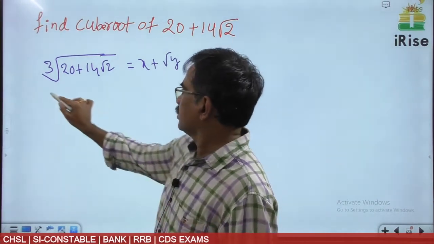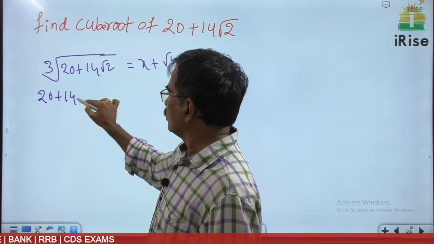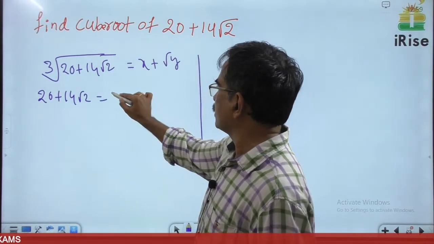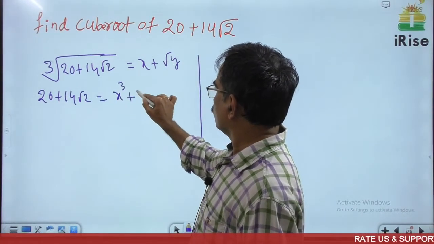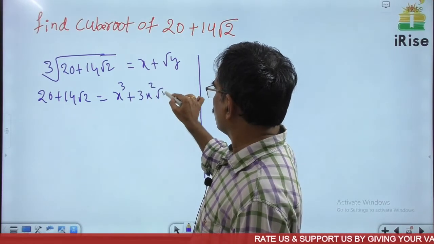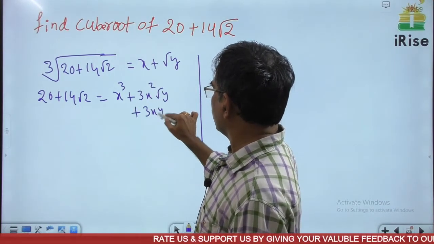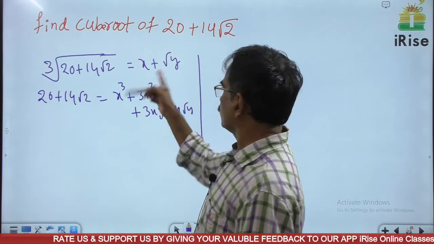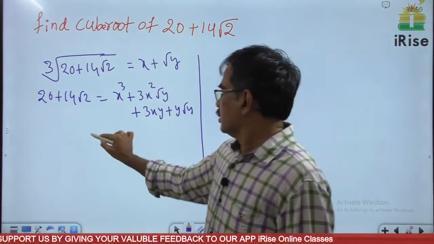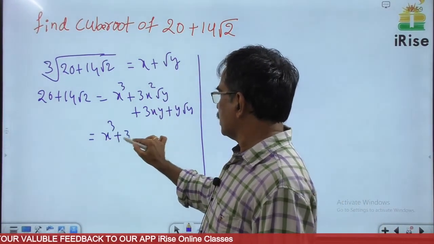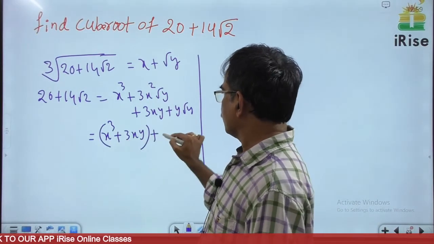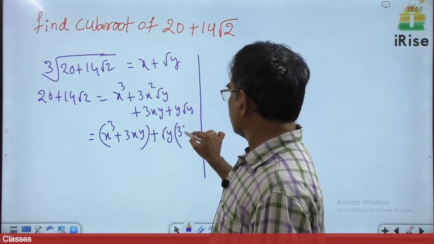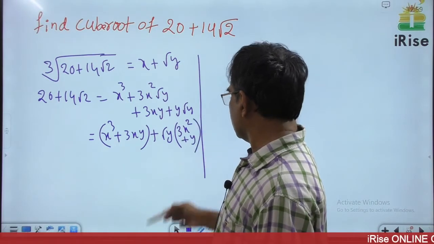Then 20 plus 14 root 2 is equal to the cube of this, which can be written as x cube plus 3x square root y plus 3xy plus y root y, cubing on both sides. This can be written as x cube plus 3xy is the rational part. By taking root y common, 3x square plus y is the irrational part.